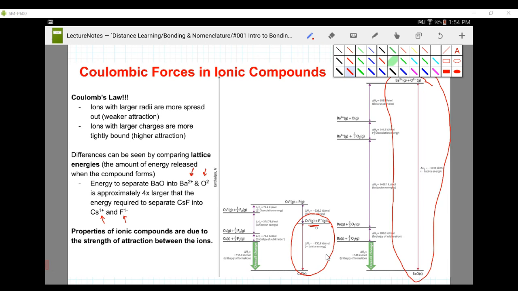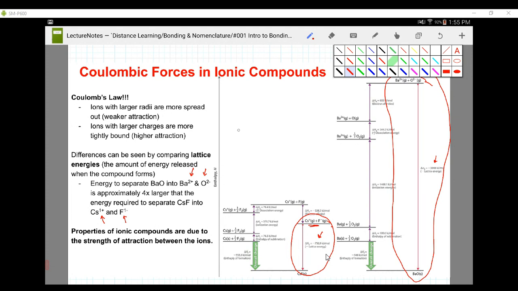We see that when cesium and fluorine come together, it releases about 760 kilojoules. But when barium and oxygen come together, it releases about 3,050 kilojoules. The energy released when the barium and oxygen come together is about 4 times greater than that of the cesium and fluorine, meaning they have a much stronger attraction towards each other and they come together much more readily.